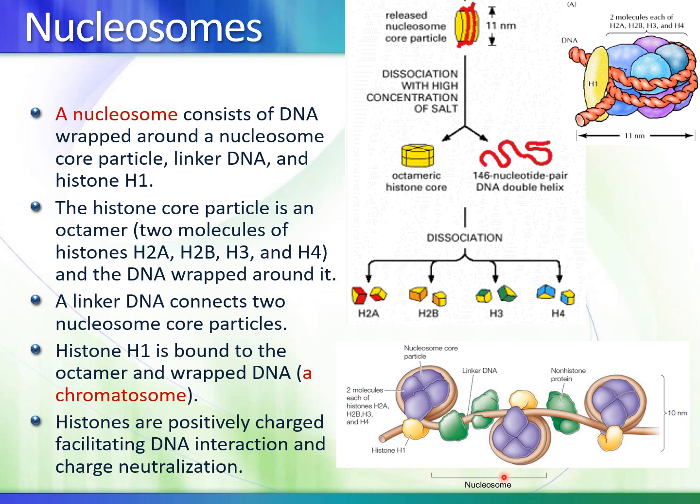If you have the octameric molecule plus the free DNA, with histone H1 involved, this is known as a nucleosome. But if you look at only this part, without the linker DNA, then it is known as a chromatosome. Different terms, and they mean different things.